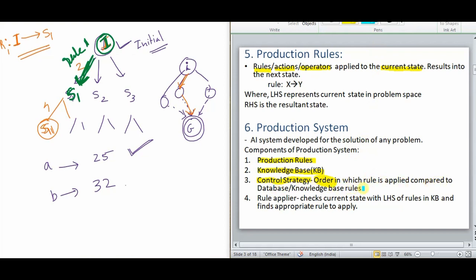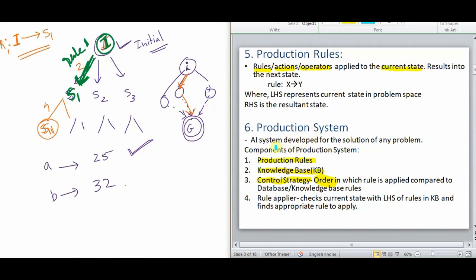It will look at the different rules in the knowledge base and decide the order in which the rules will be applied: which rule will be applied first, which next, and so on. That is the control strategy, the third component of a production system.